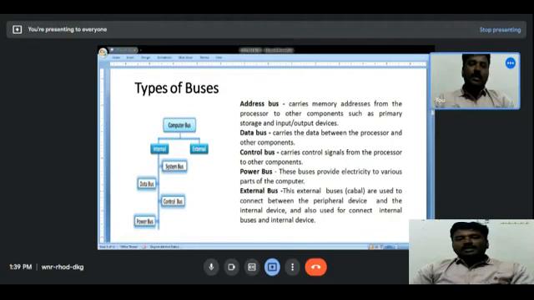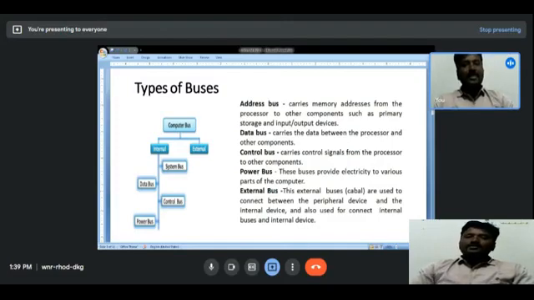The address bus carries memory addresses from the processor, that is the CPU, to other components, for example, from the processor to primary storage and input output devices. Next one is the data bus. The data bus carries the data between the processor and other components of the computer.